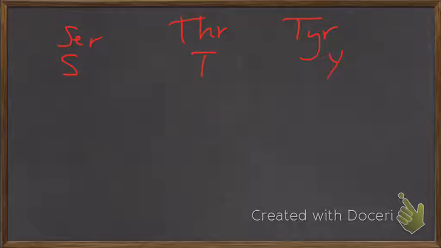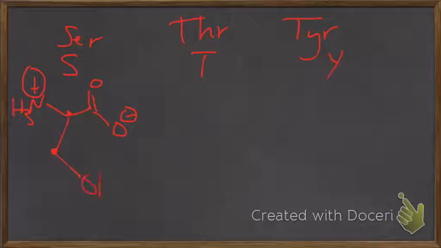And to draw them, they would look like this. I'm going to draw first the backbone, and then for each one I'm going to show you what the side chain is. So that's the backbone for all of them. Serine, of course, has a CH2 group, and then the OH, which is what would be the nucleophilic oxygen.